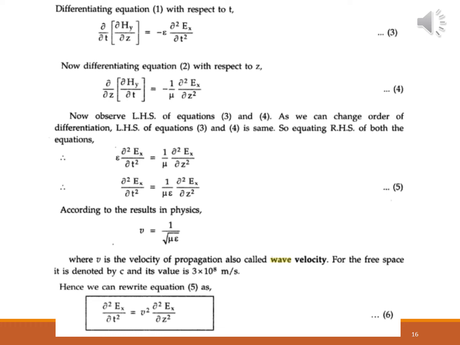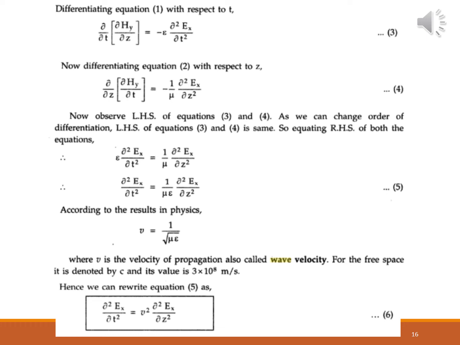And if I'm considering the medium to be free space, the velocity of a plane wave is the same as the velocity of light. So I'm just rewriting equation 5 as dou square Ex by dou t square is equal to 1 by mu epsilon, written as v square, dou square Ex by dou z square.